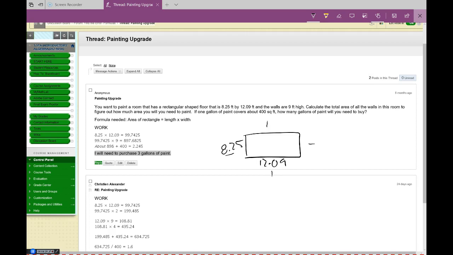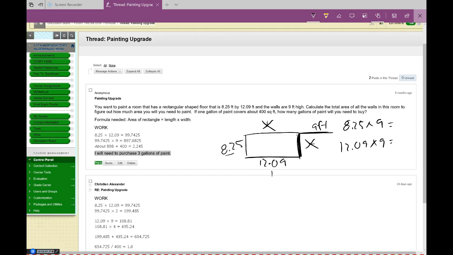So you're going to do each side and multiply it by the 9 feet that it goes up. So you would actually do 8.25 times 9 and 12.09 times 9. That would give you the area of these.